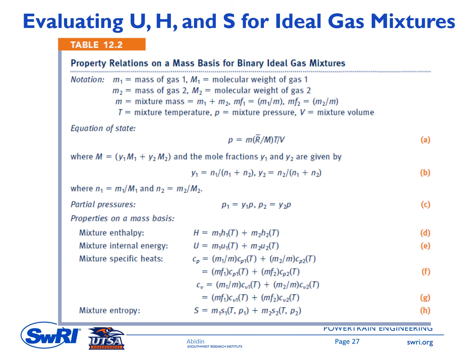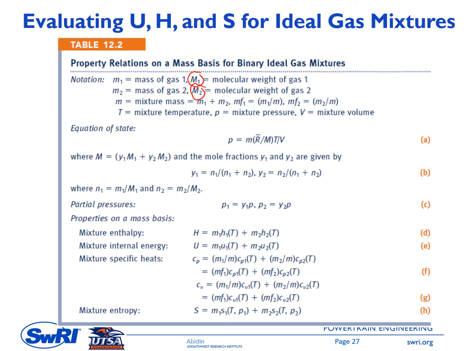This table is showing the property relations on a mass basis for a binary ideal gas mixture. Binary means it has two components. So in this case it is gas 1 and gas 2. So m1 is the mass of gas 1 as well as m2 for gas 2. And then capital M1 here is the molecular weight of gas 1, and then M2 is the molecular weight of gas 2.